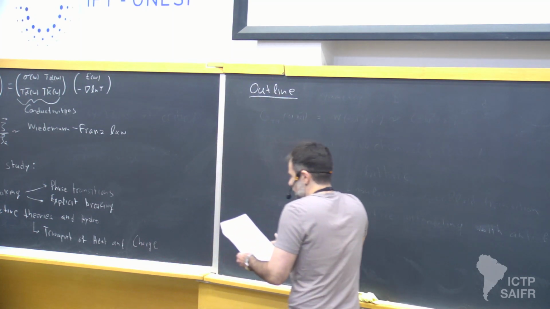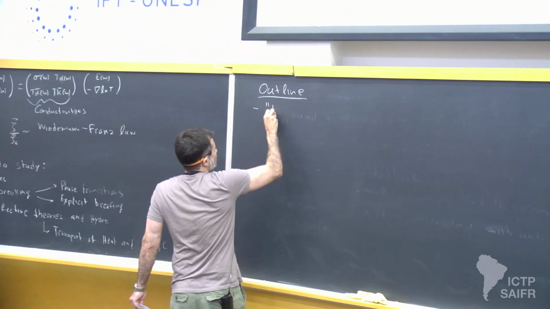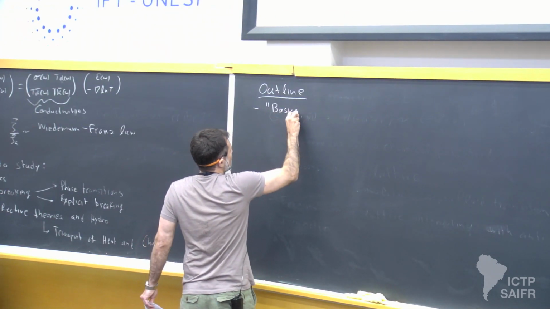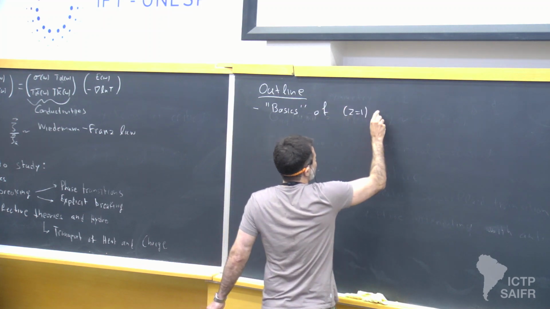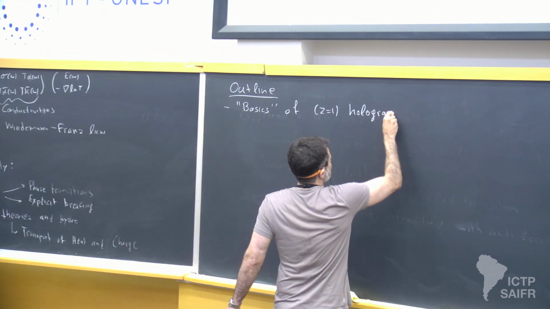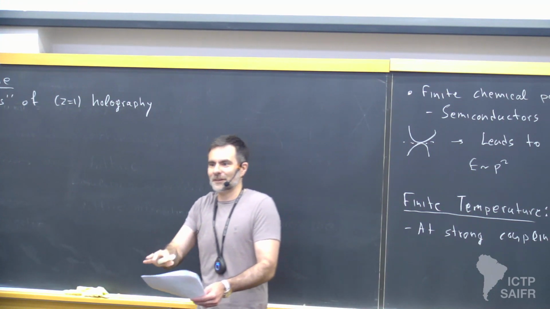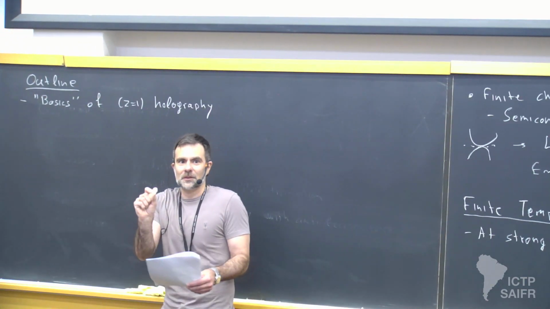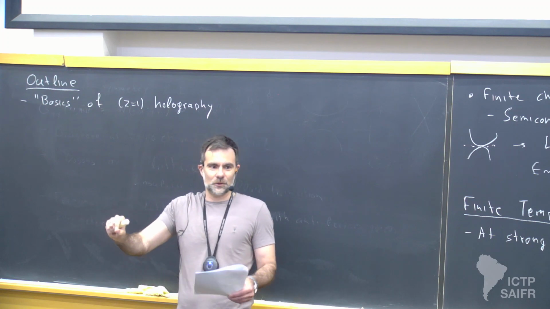Okay, outline. So we are going to start with the basics of, I want to call it, Z equals 1 holography. I mean, no disrespect for Horatio. I know you did that last week, but there are certain aspects of that that I want to stress, and they will be very useful for what I want to tell you, okay?